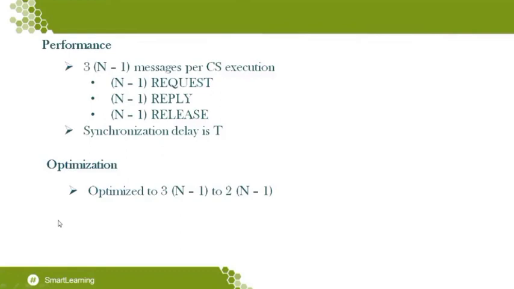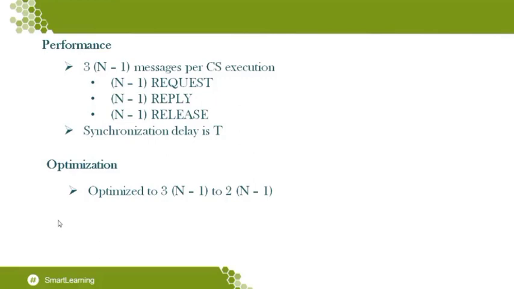Regarding the performance of this algorithm, it requires 3(n-1) messages per critical section execution. That is, when it has to enter the critical section, it must send n-1 request messages. After that, it has to receive n-1 reply messages.